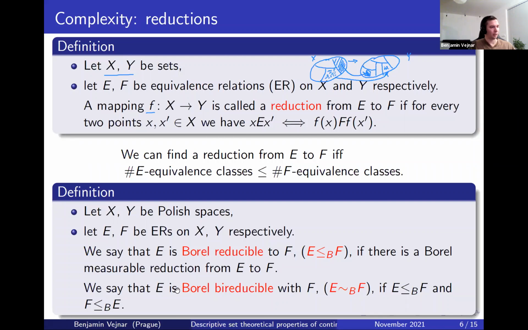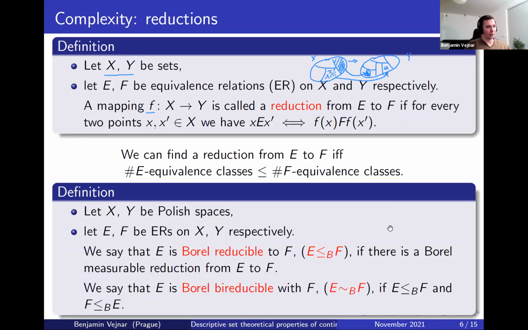And we say that E is Borel bireducible with F, and we denote it by this symbol, if E is Borel reducible to F and vice versa. Okay, so maybe from the first point of view, these are strange definitions, but it turns out that they are very useful.